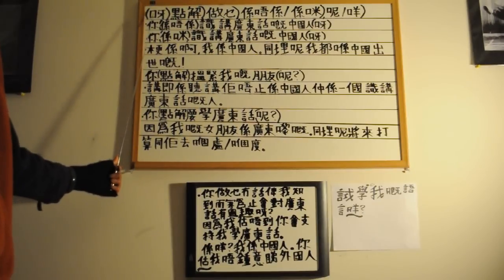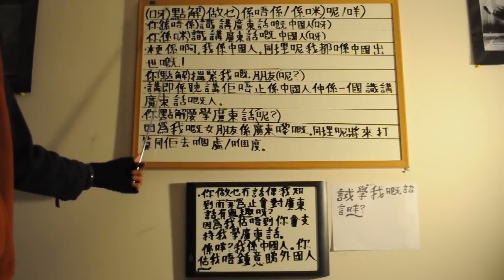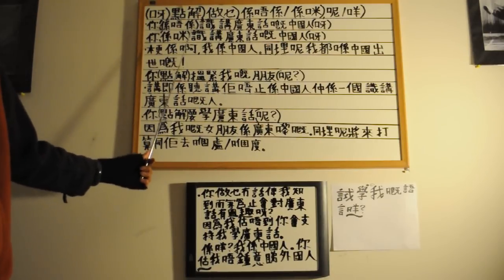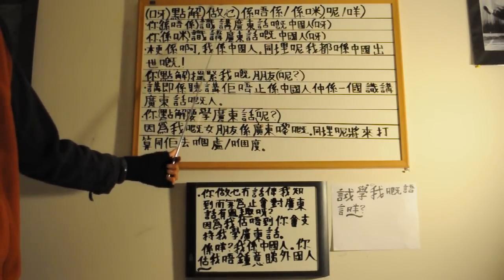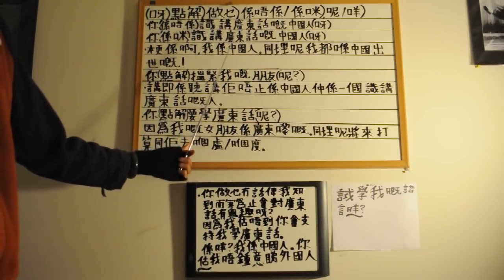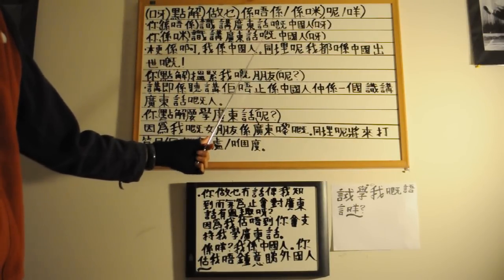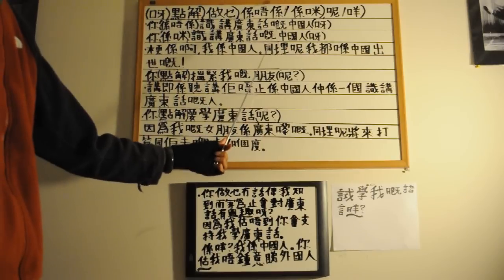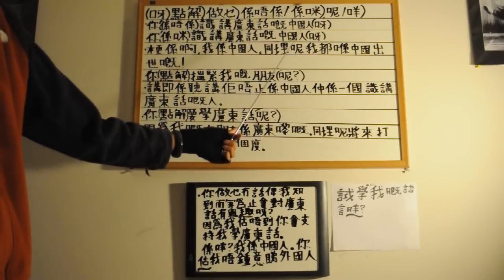Ah, ding gai, this is why, and this normally comes at the beginning of the sentence. Jo mut, this is how come. Hai hai, yes or no. Or hai mai is the same meaning as hai um hai, but it's shortened.